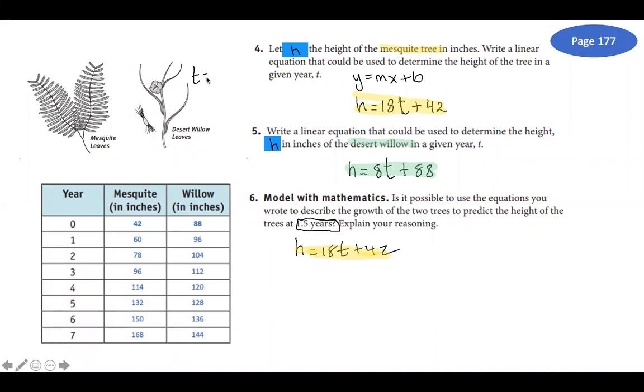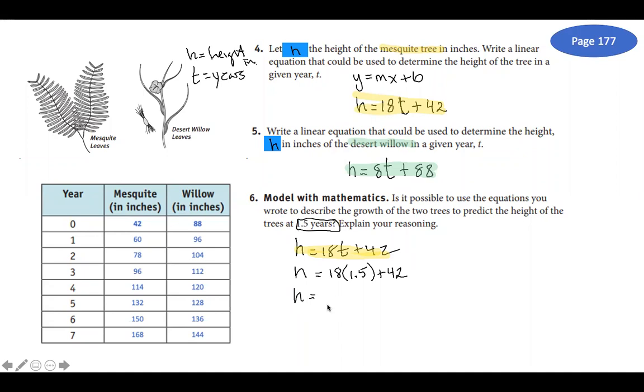So t is equal to years, and h is equal to height in inches. They're giving me years, so I'm going to substitute it for t, and I'm going to leave h alone because that's the thing I don't know. They asked, how tall will it be? So h is the unknown. I'm going to replace t with 1.5 plus 42. And all my numbers are on one side, my variables on the other, so I don't even have to solve this. I can just simplify.